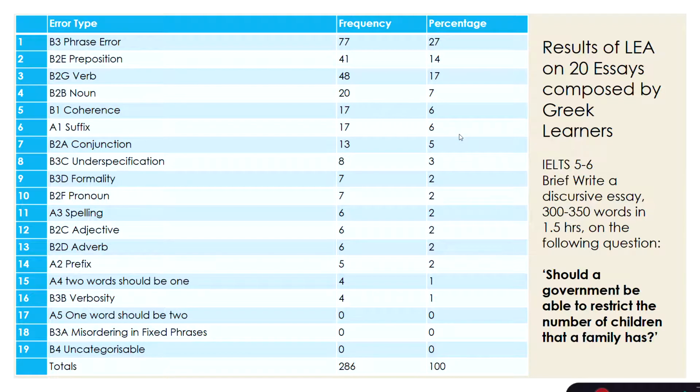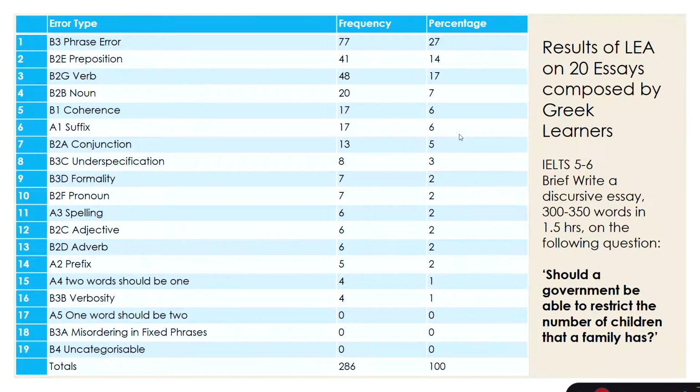Results were as follows. So, as you can see from the table, there were 286 lexical errors in the 20 scripts. The most common were phrase errors, 77 in total, making up just over a quarter of all errors. These, remember, were phrases that contained odd lexical choices where the error spanned across a few words.